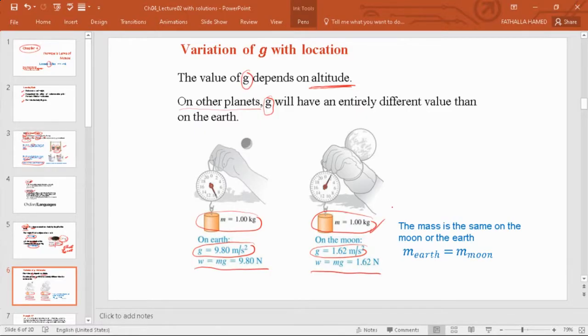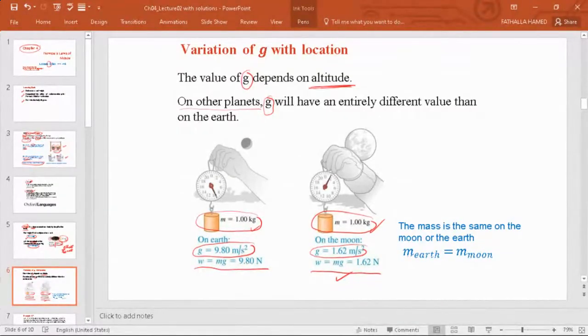So you can see that the mass on the Earth and on the moon is 1 kg, but the weight, which is a force, is less on the moon because the gravity on the moon is less. So we say the mass is the same on the Earth and on the moon. Now, I want you to be careful here.